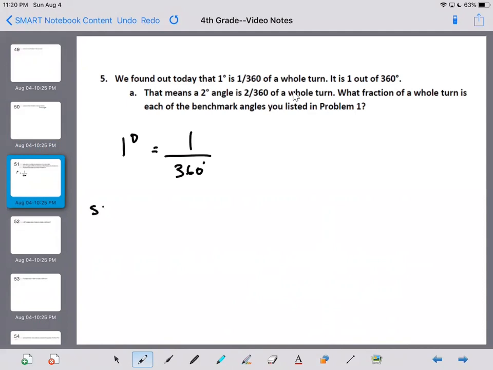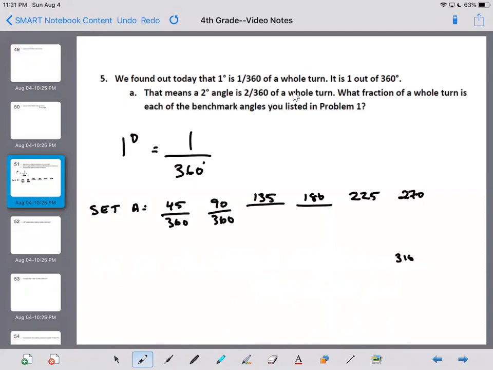So set A. We had 45 out of 360, 90 out of 360, 135, 180, 225, 270, 315, and then the 360. So all of these, notice the fraction is out of the total, which is 360 degrees.